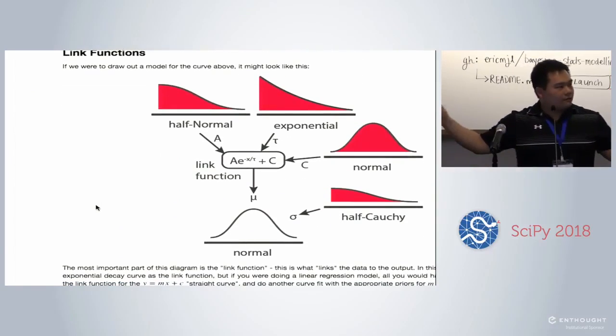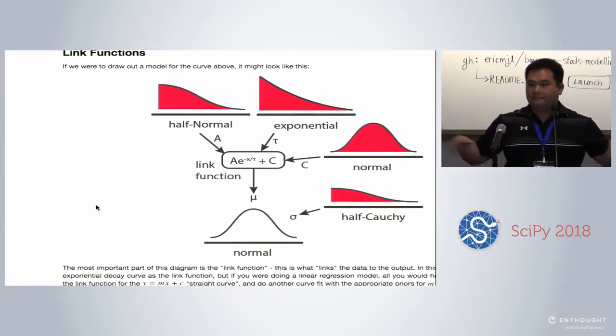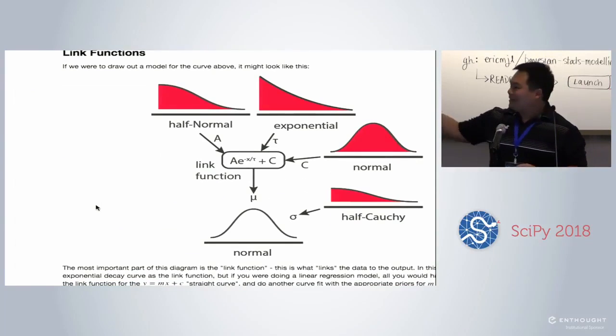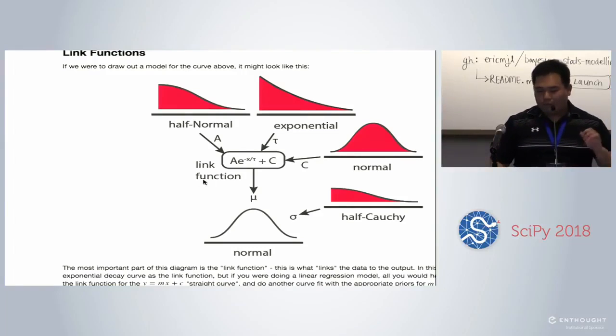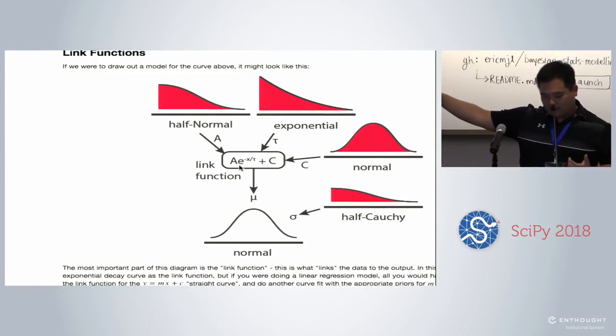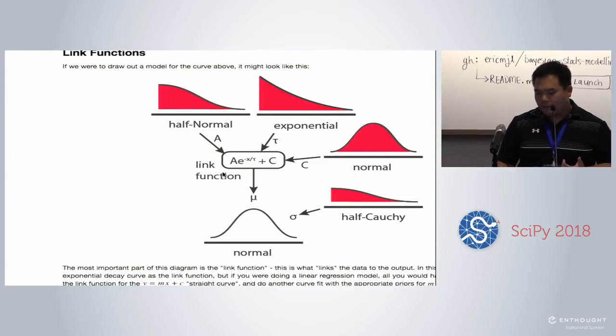This is the most important figure from Notebook 8. This is the most important figure. It's also the only figure that I drew. So when we have a decay curve for radioactive things, we can write this equation down. It's a times e to the negative x over tau plus a c term.